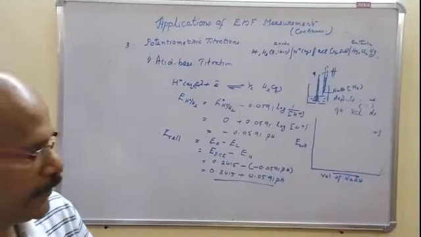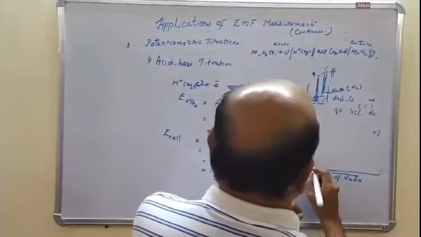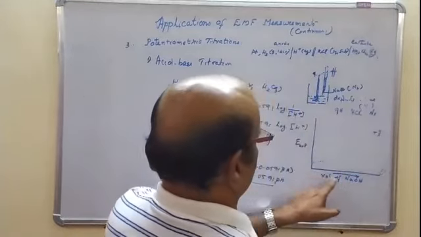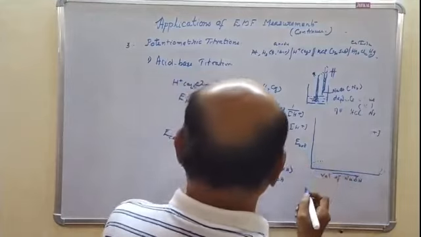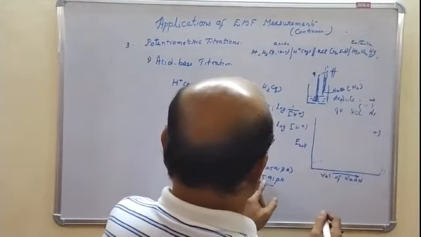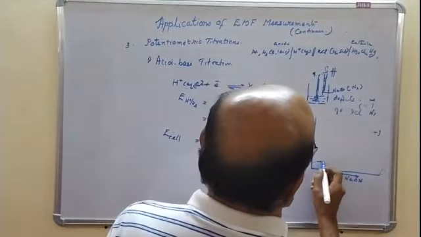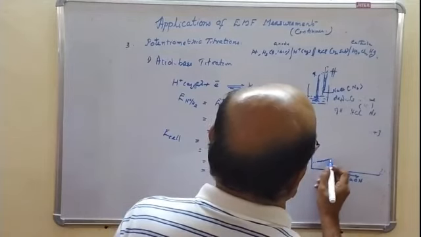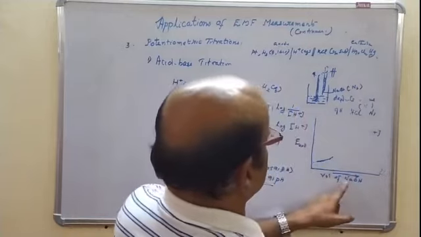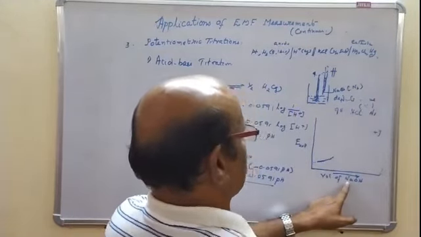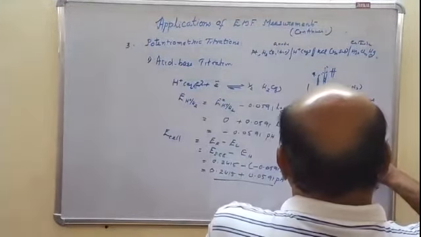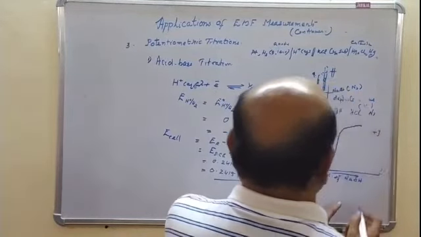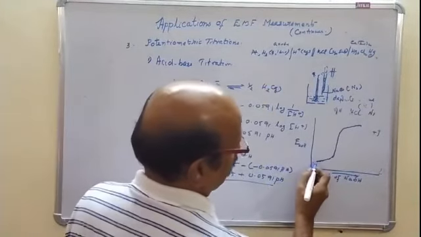Initially, it increases like this, at a low value of the EMF. As we add more, it slowly increases, and at a particular point, the end point, there is a sudden change in the potential like this, and then it gradually goes on again. This is the variation of the potential.